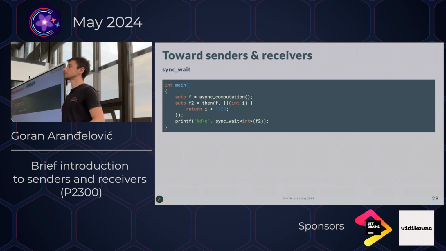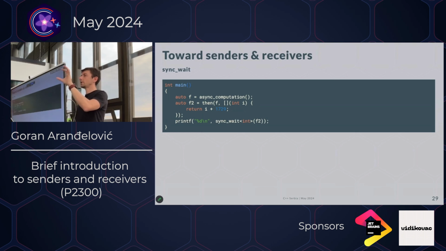Yeah. So we have F, which is an asynchronous computation, and we are chaining a computation which is not asynchronous with it. Okay. How do we chain two asynchronous computations? It's a little bit sketchy question. Why?